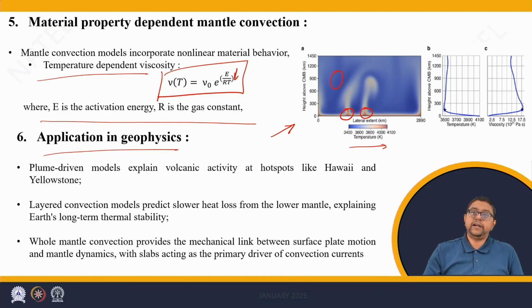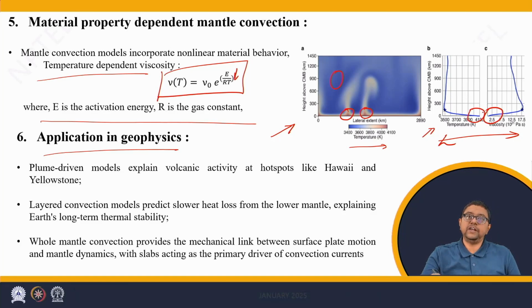On the adjacent diagram, the temperature and viscosity are shown. With height from the core mantle boundary, the temperature changes as shown here. This leads to the change of viscosity with height. Higher temperature leads to lower viscosity, and lower temperature leads to higher viscosity.